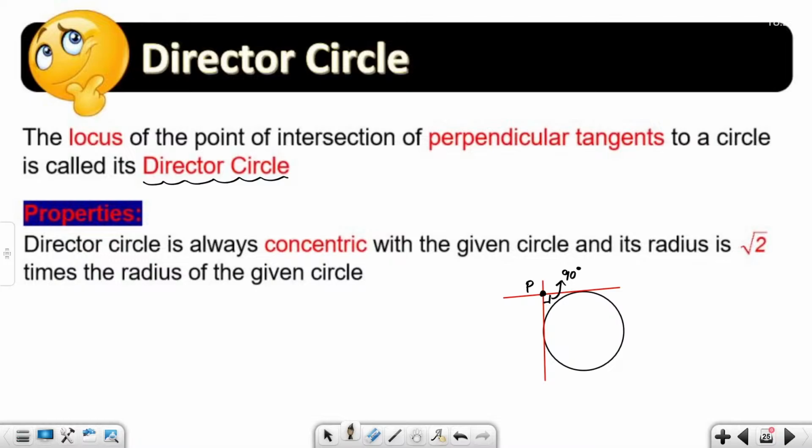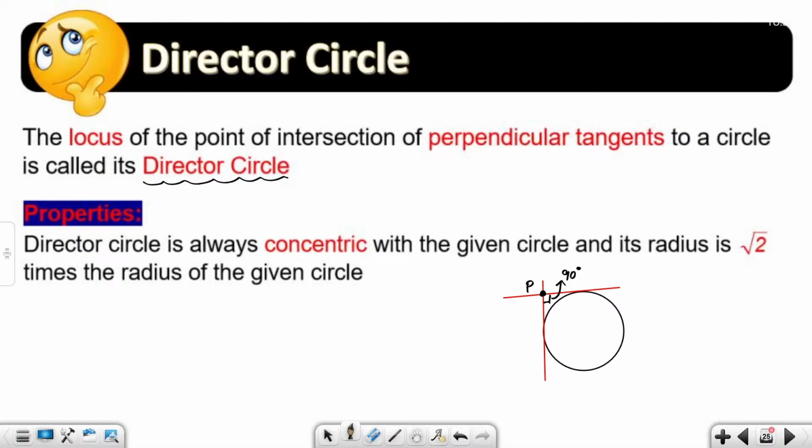Is it clear? So in a circle you have drawn two tangents and the angle between the tangents is 90 degrees. If it is so, then the locus of the point P will be nothing but a director circle. What will be the equation of the locus? That I will come to, but first understand the definition.